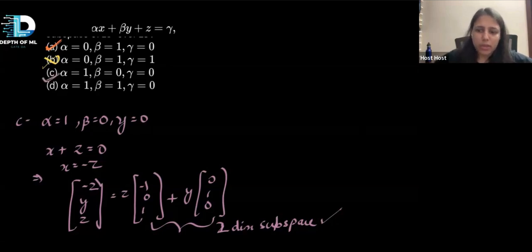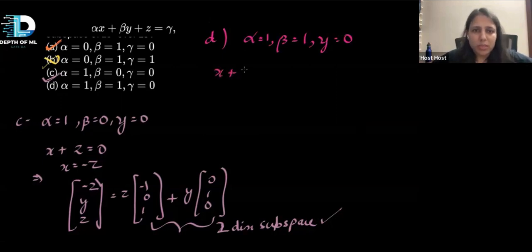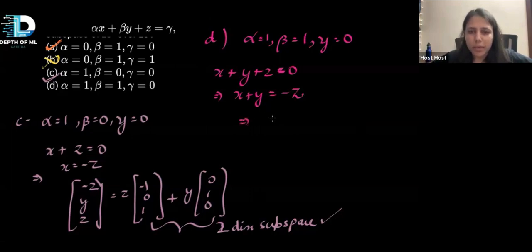Let's quickly do the last option, which is D. Alpha is equal to 1, beta is equal to 1, and gamma is equal to 0, right? So this is x plus y plus z is equal to 0. This is an equation of a plane. We already know that, but let me do this: x plus y is equal to minus z. How will I create a basis for that?